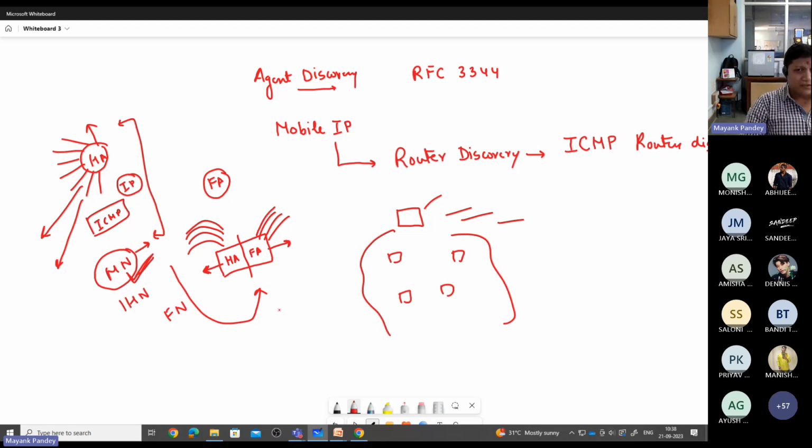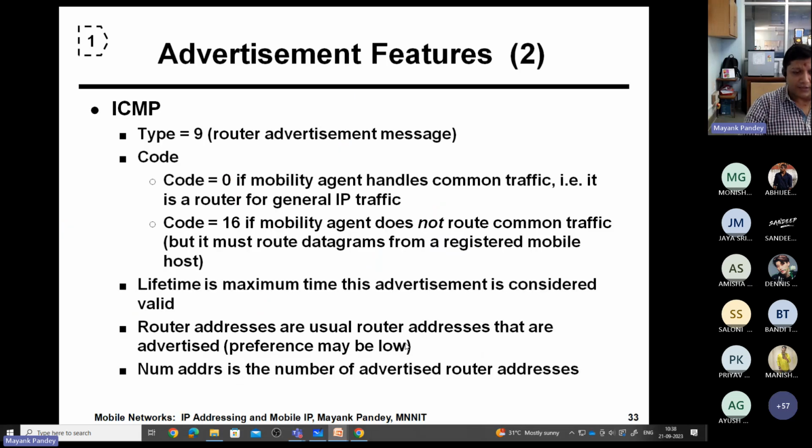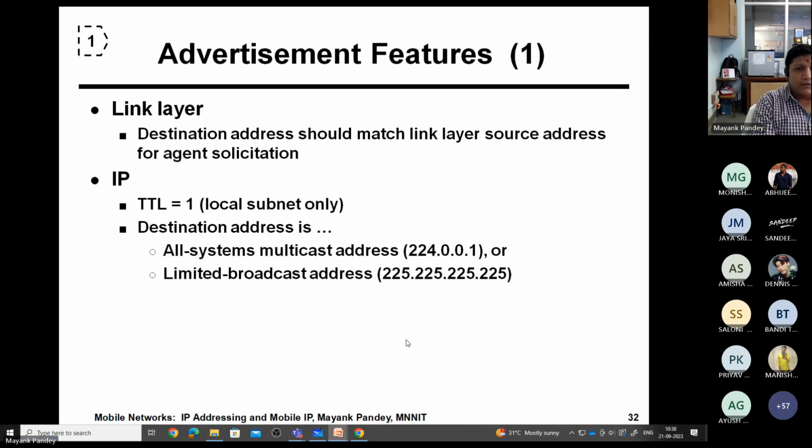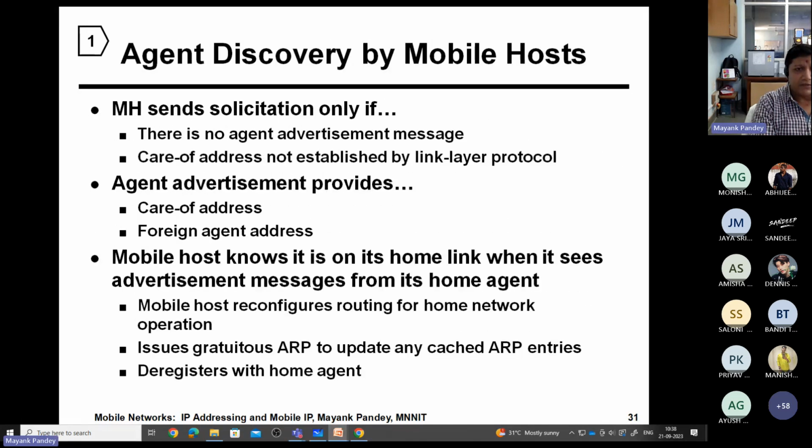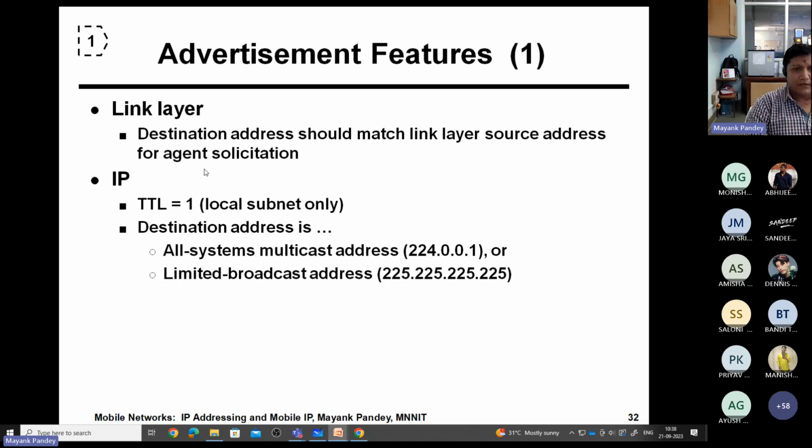So the first process which is getting done is that both the home agent and foreign agent keep doing this periodic broadcast. How do they send the advertisement? They send the advertisement by setting TTL equal to 1 because this is for the local subnet only.